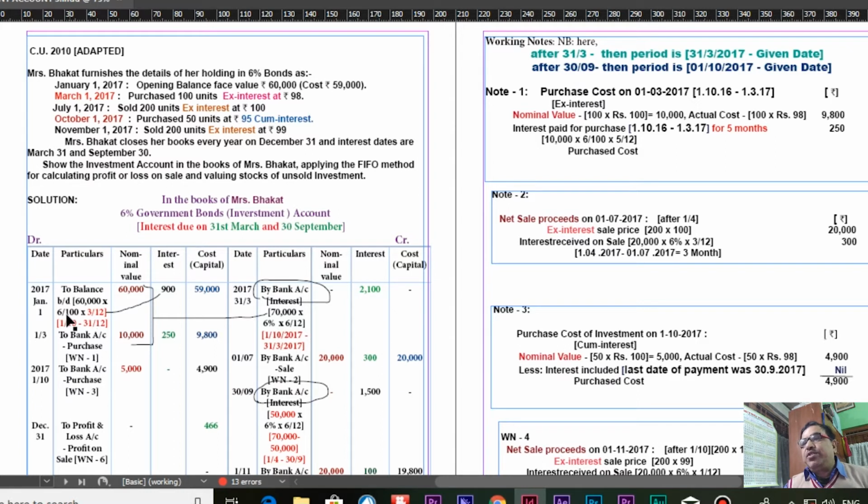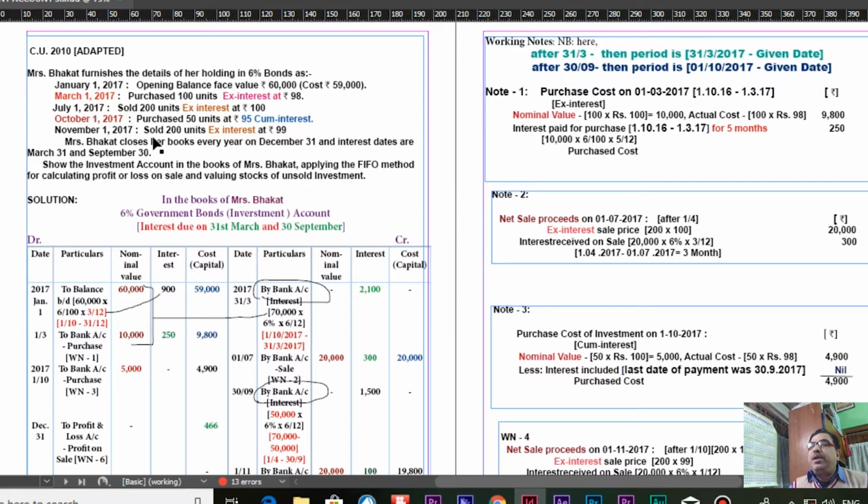Very, very important for solving this problem. Therefore, the period is 1-10 to 31-12, that is 3 months. Naturally, I have to calculate interest thereon, and now we get 900 rupees as interest. Therefore, put here. The first transaction is complete.